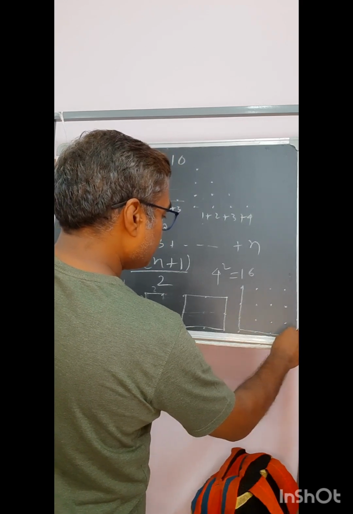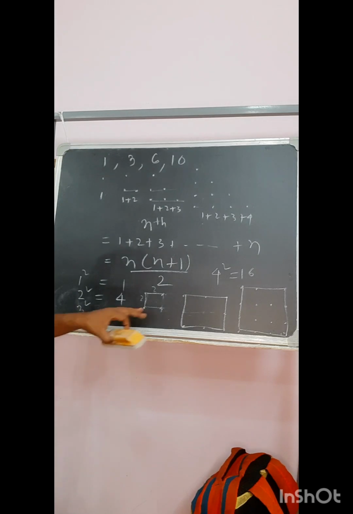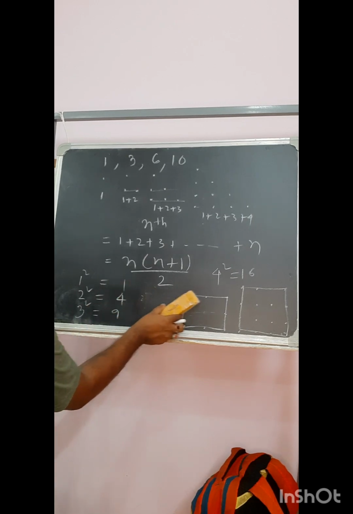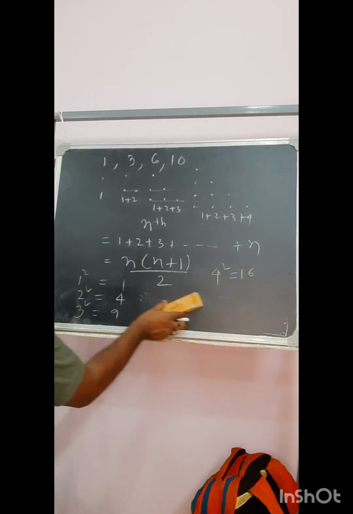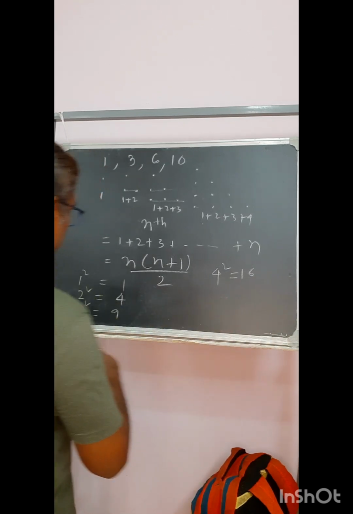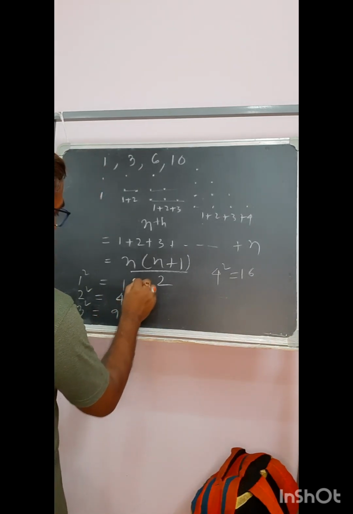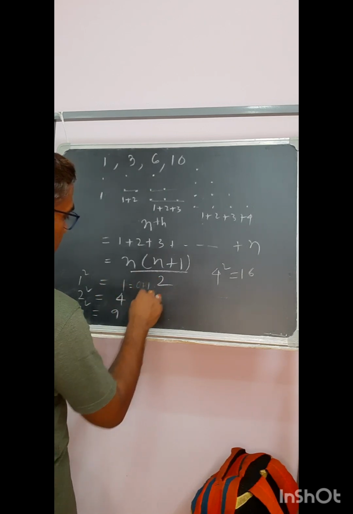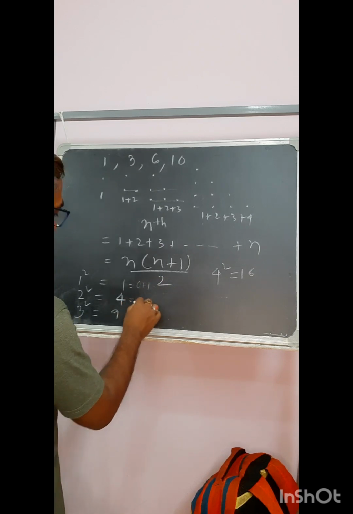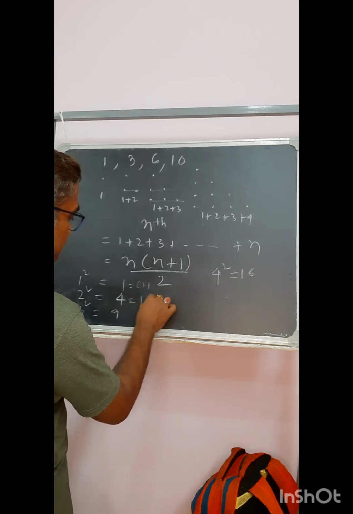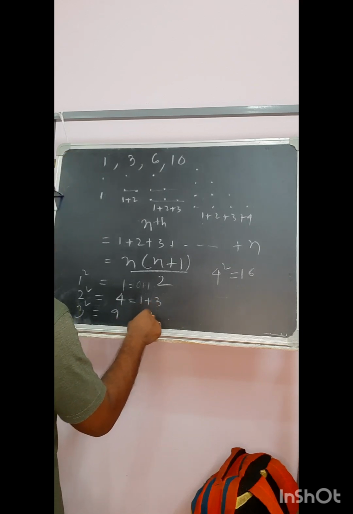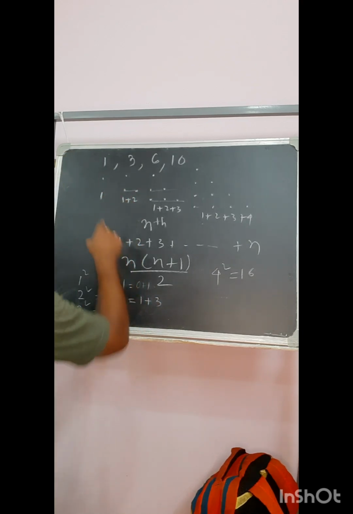Now if I want to build some relation between this square and this triangle, am I able to do that? Let me take this opportunity to represent these square numbers with some numbers. One has nothing prior, because that is 0, so 0 plus 1 is the same. 4 can be represented as 1 plus 3, that means 2 consecutive triangles. 1 is considered to be a triangle.